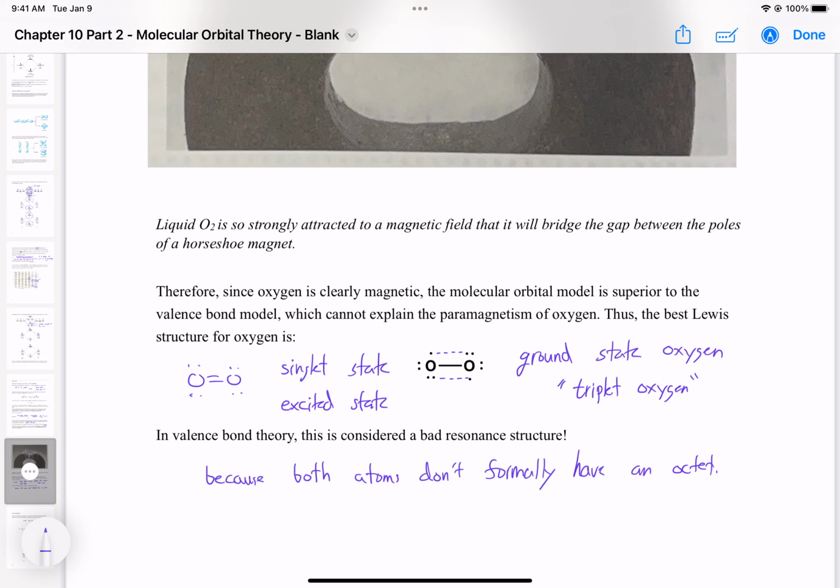As you can see why, the double bond there is not really strong. It's actually quite reactive and can react with a bunch of organic compounds, and those are things we won't talk about here. Okay? So that's how we would describe the advantages of MO theory: it can predict the structure a little bit better than valence bond theory.